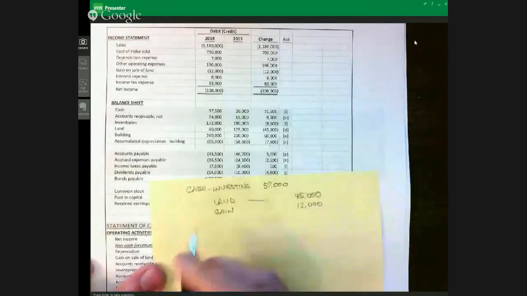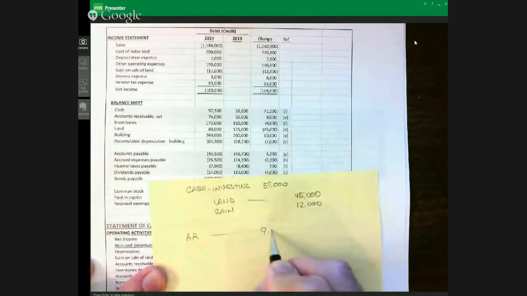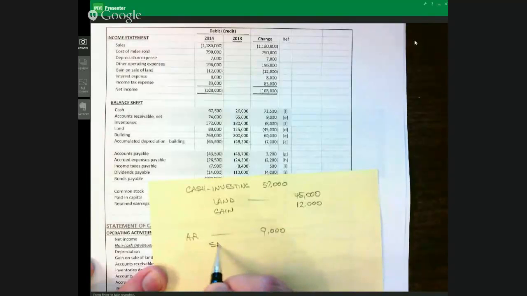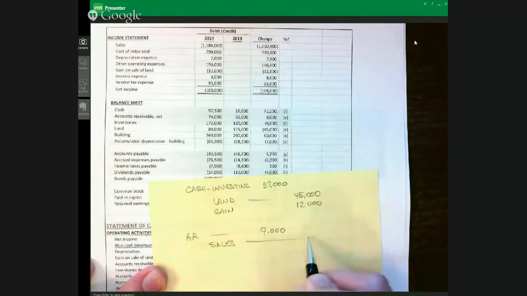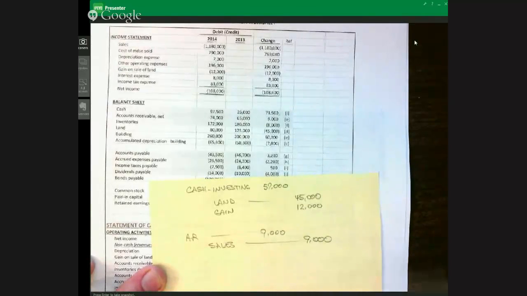Why would we do that? Well, here's an example. Accounts receivable went up $9,000. And why did accounts receivable go up? Well, it must have been because sales had gone up. This company sold items on account.